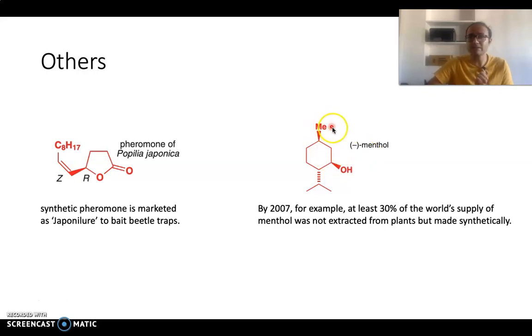That means this compound is actually synthesized. That is how some 30% of the world's supply does not come from the plant source but is made synthetically. And that is why the study of asymmetric synthesis is very, very important.